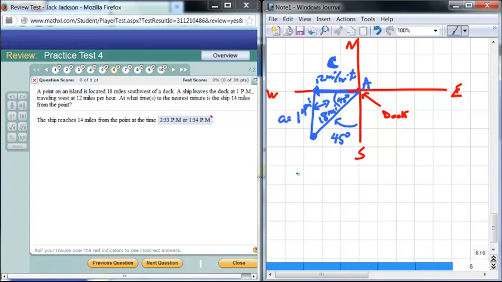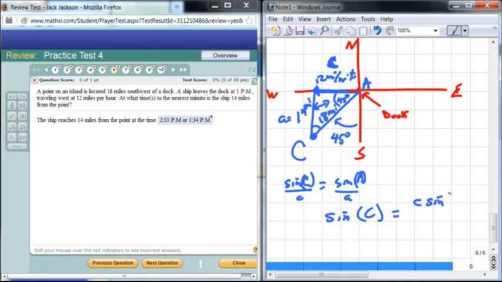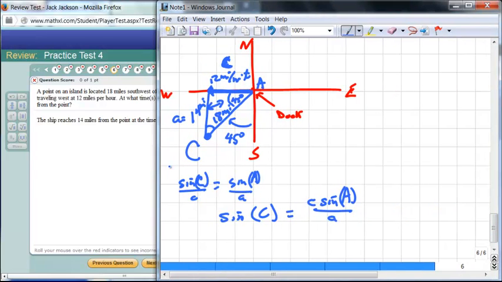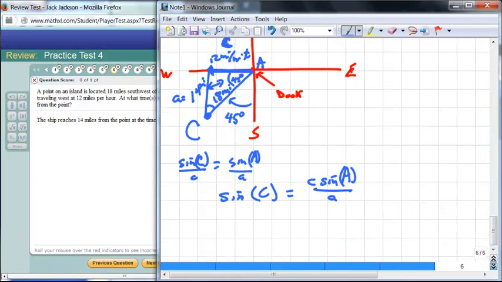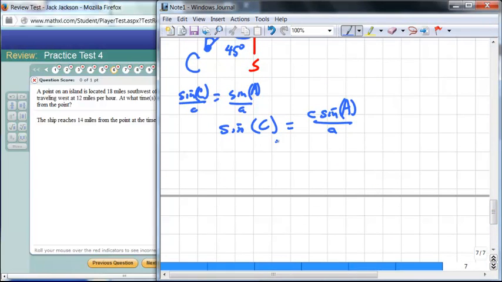We need to find this angle here first, angle C. So we know sine of angle C over side C is sine of angle A over side A. So sine of angle C is C sine of angle A over side A. Now, this is the one that possibly might have two cases.